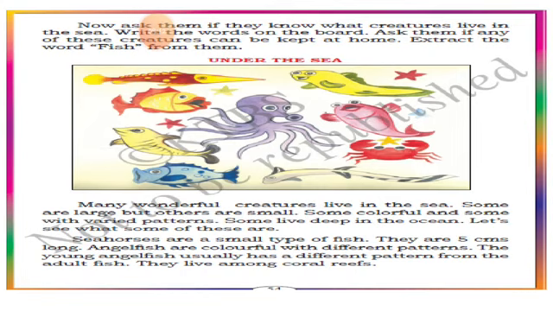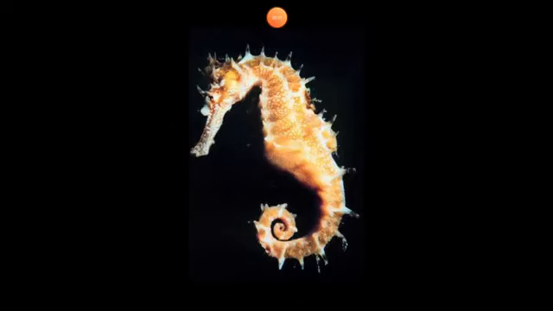Many wonderful creatures live in the sea. Some are large, but others are small. Some are colorful, and some have varied patterns. Some live deep in the sea. Let's see what some of these are. Seahorses are a small type of fish, about 5 centimeters long.